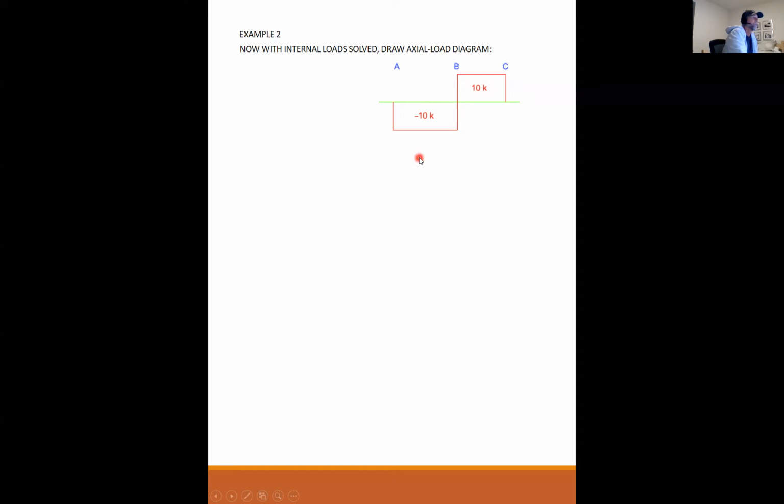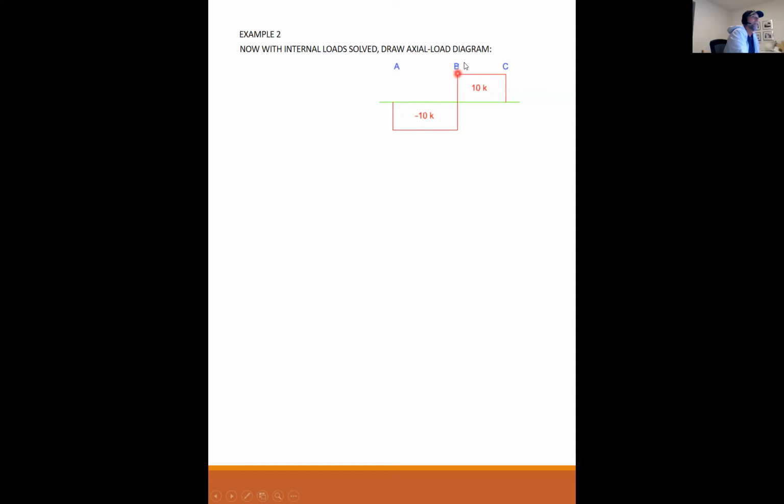But the important part of the axial load diagram is that when you do the cuts and you solve the cuts, you're kind of just getting a snapshot at one point. But when you draw the whole diagram, you see what is happening inside of it over the whole length from A to C. And now you can see over this whole diagram that from A to B, the load is constant.